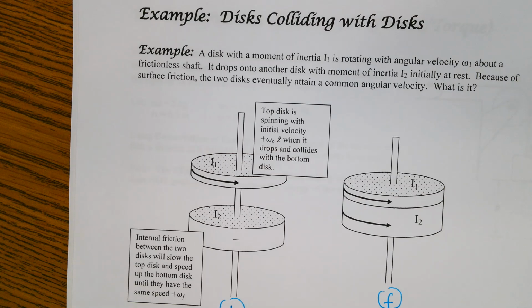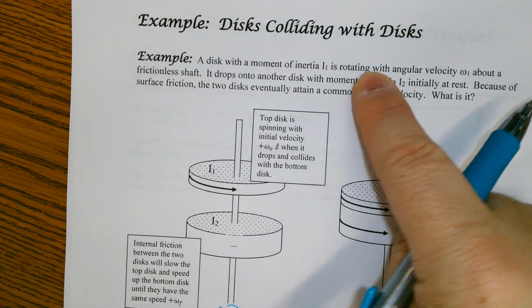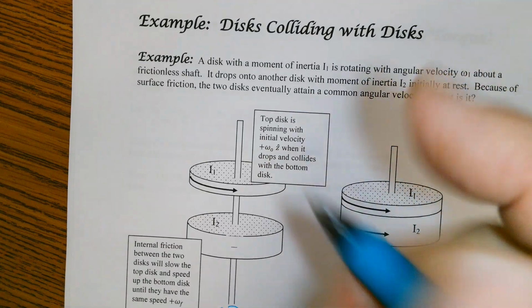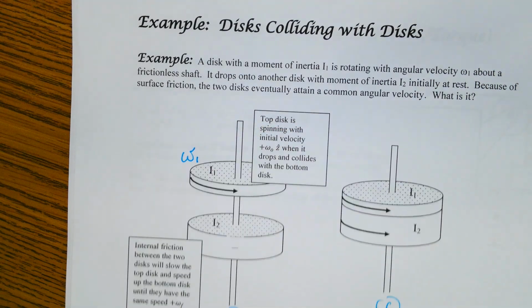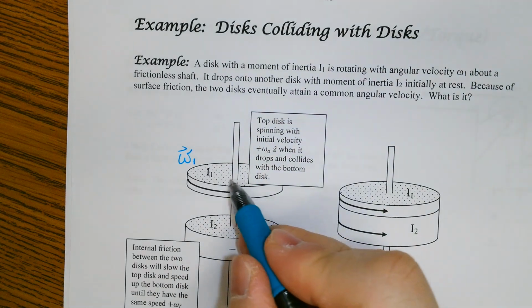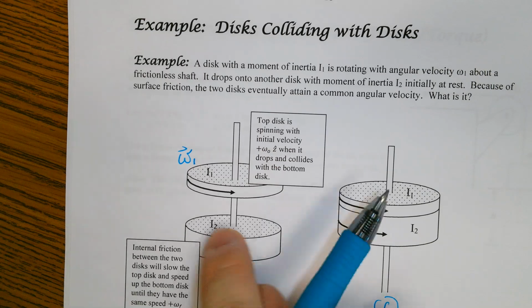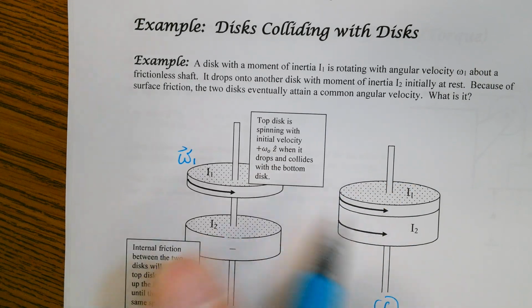So top disk, it's disk with a moment of inertia I1 is rotating with angular velocity of omega 1, right? So this is omega 1, about a frictionless shaft. So there's no friction here. Right? It drops onto another disk with moment of inertia I2 at rest.